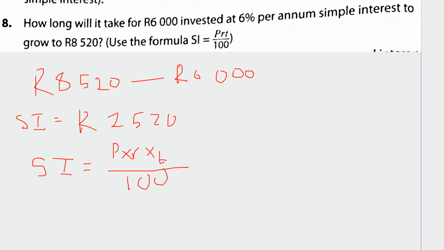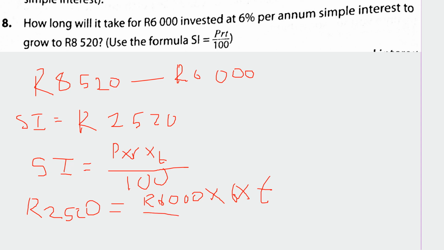Our interest is already known, we have calculated it, it is 2,520, which is equal to the principal amount of 6,000, and the rate is 6%, but we don't know the time. We are looking for the time we need to invest this 6,000 so that it can earn an interest of 2,520.